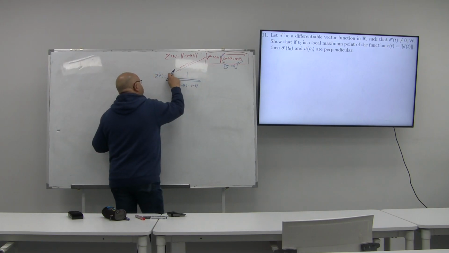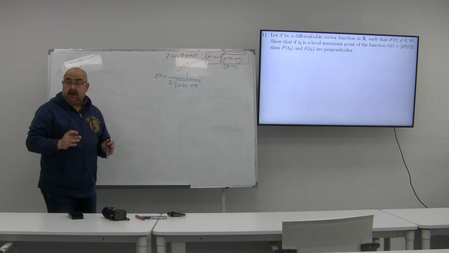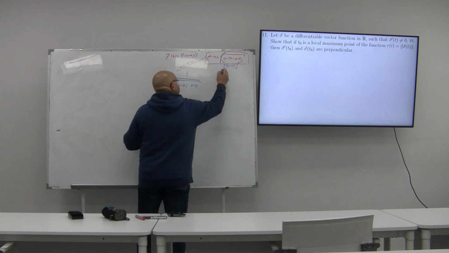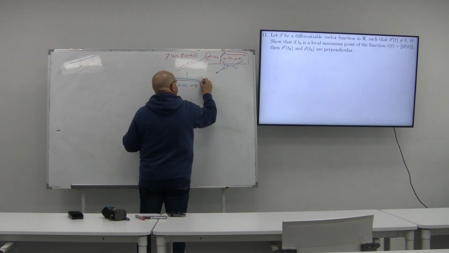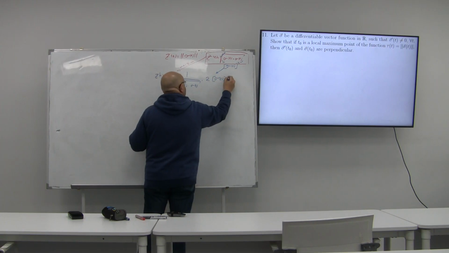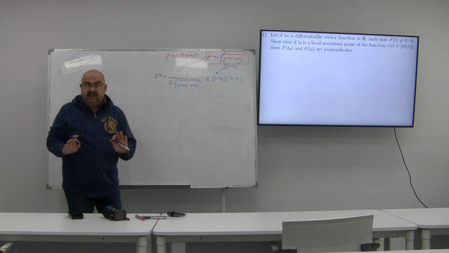In order to differentiate a function to a power, I will have to differentiate the power first. So let the 2 go down and take 1 from this power, so it's going to be 2 rho of t, then times the derivative of this function. It's really straightforward and very simple.